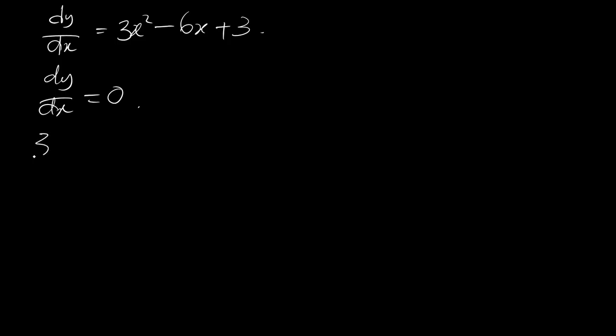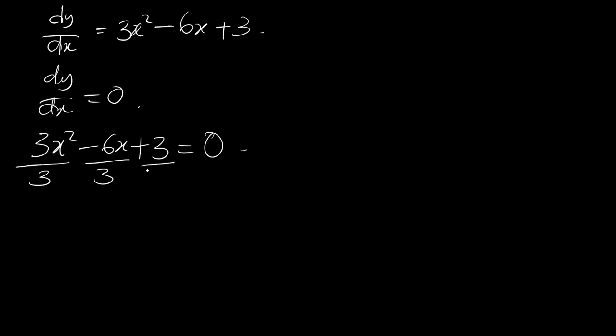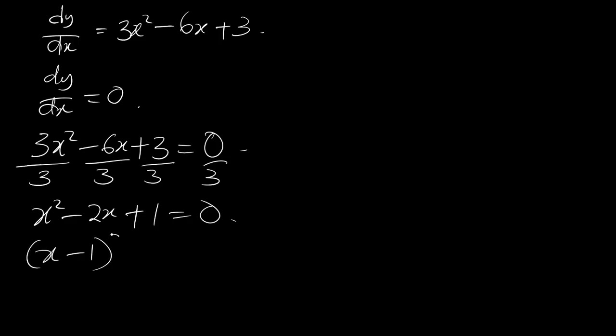So we'll now say 3x squared minus 6x plus 3 is equal to 0. We can factor it out, 3 is common, just divide all through by 3. So you have x squared minus 2x plus 1 equal to 0. This is the same thing as x minus 1 all squared equal to 0. So that means we have x equal to 1 twice.